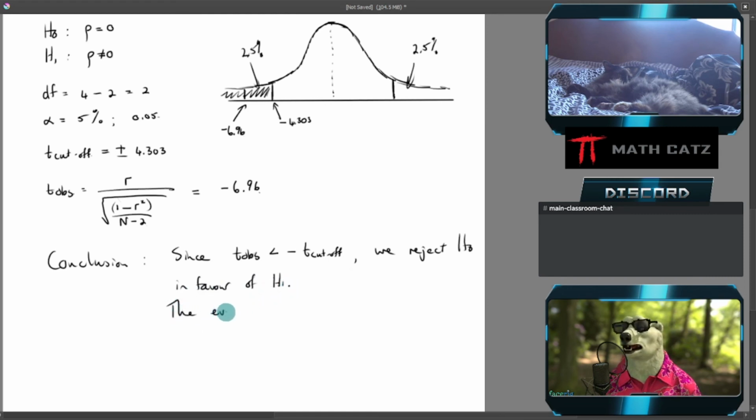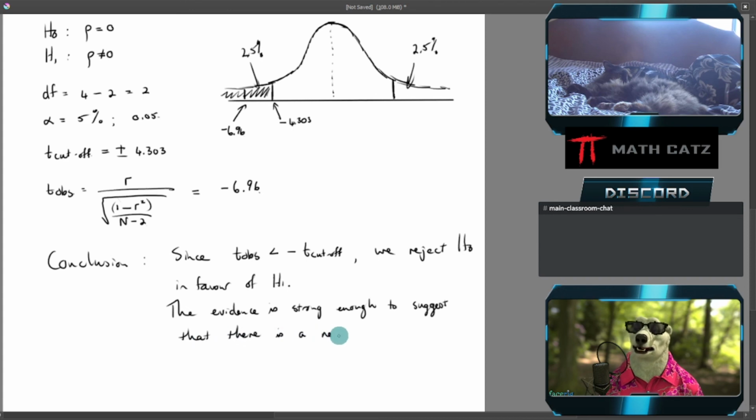The evidence is strong enough to suggest that there is a negative. Well, technically there is a correlation between dexterity and anxiety. We set it up as a two-tailed test, so we can't really say which direction.